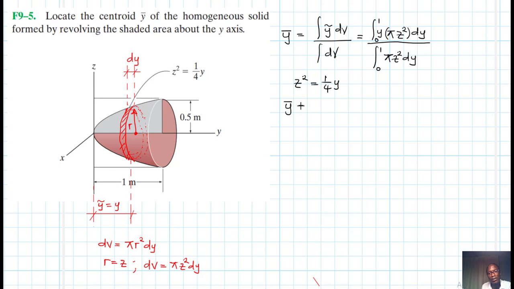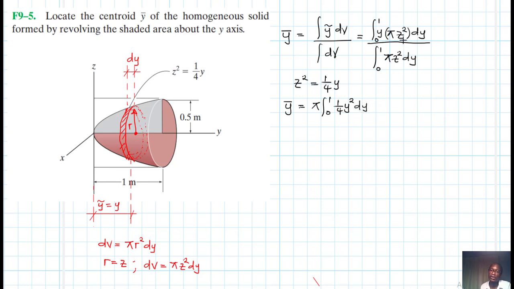Therefore y bar will just be equal to the integral from 0 to 1 of y. Let me factor out the constant. So I'll have pi, integral 0 to 1, y times 1 over 4 y squared, then dy.